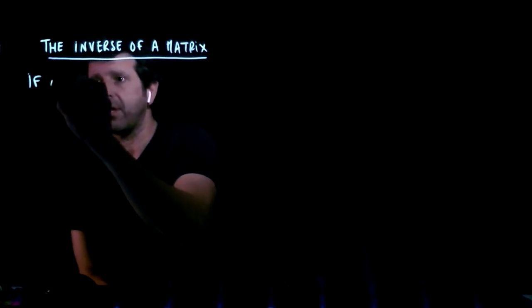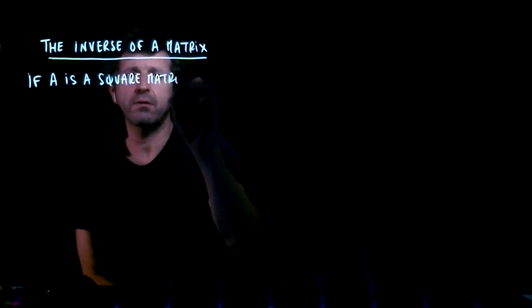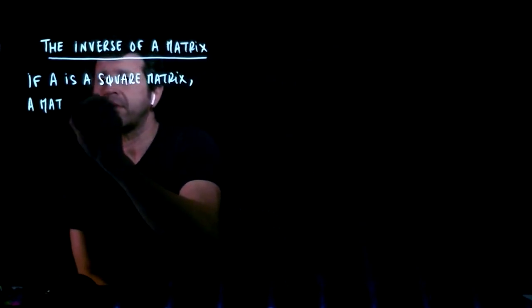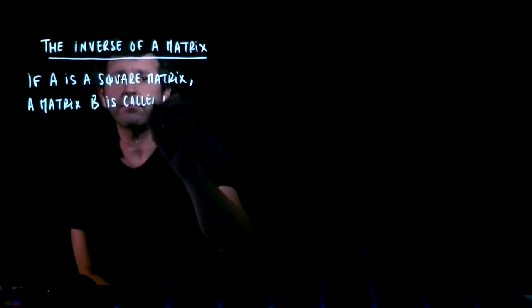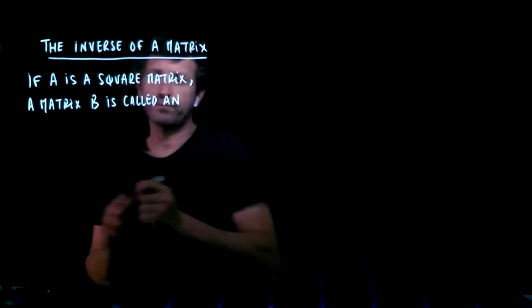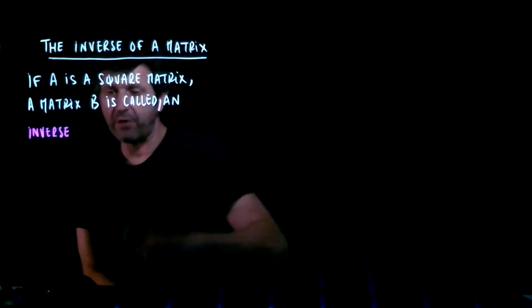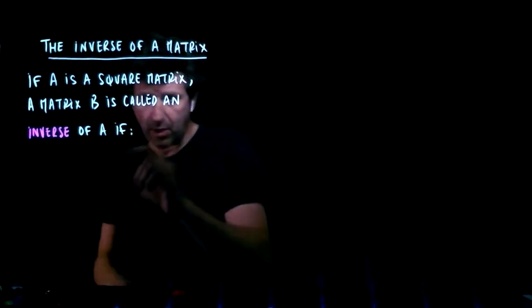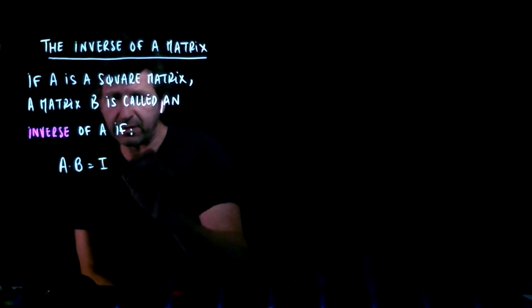So if A is a square matrix, a matrix B is called an inverse of A if when you multiply A by B, you get the identity.